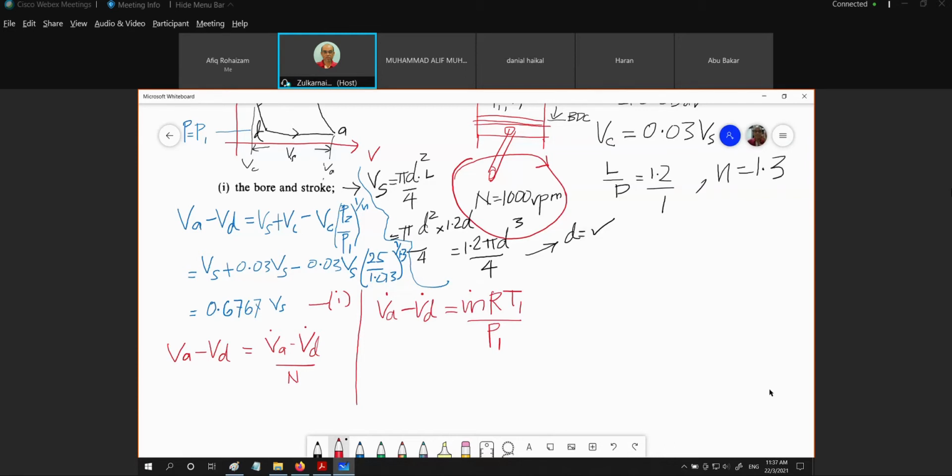Now, it's given that T1 is equal to T, P1 is equal to P, and the R value. Now we have to solve for the m dot. For the m dot, we are going to use the free air.